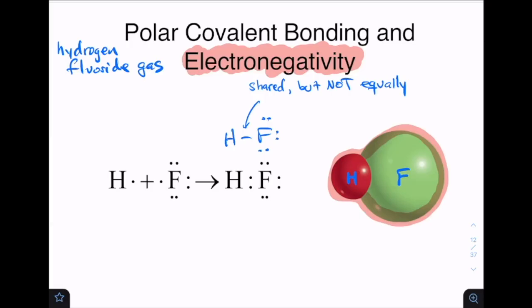Let me give you your first definition for electronegativity. It's the tendency to attract shared electrons in a covalent bond.